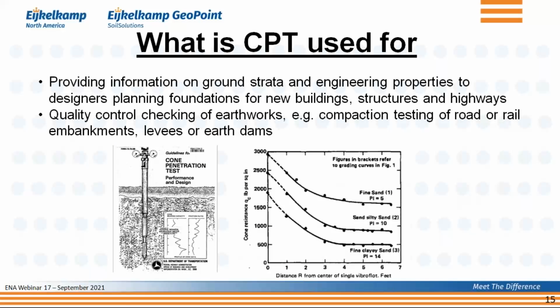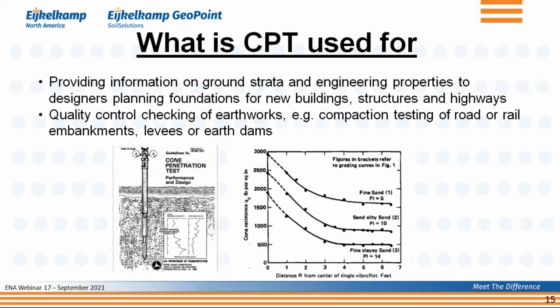And really, the first one that I want to mention after providing information to design foundations is something that you see here on the bottom, illustrated from a document that was issued in the late 1970s by Schmertmann here in the United States. It's a Federal Highway Guidelines to Cone Penetration Testing.